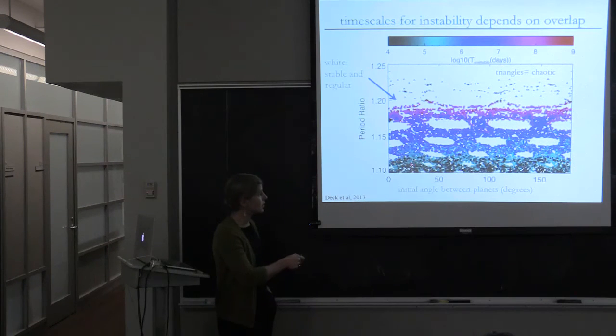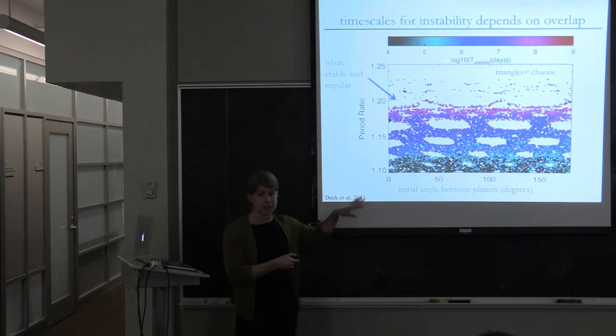So the time scale for instability gets shorter if there's less overlap. Underneath every single one of these colored points is a black triangle, which denotes that the orbit's chaotic. And what you can see is that there's this fringe up here, where things are chaotic but long-lived. These aren't the right parameters for Kepler 36, but Kepler 36 would essentially live up here.